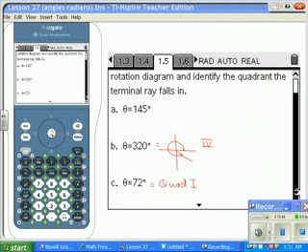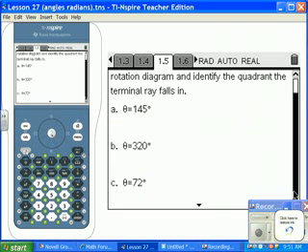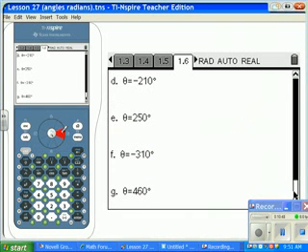And then D. Okay, D is negative. So what was the hint with the negative? What did I have to do? Clockwise. So I'm going to go negative 90, negative 180, and negative 210 would be somewhere in the third quadrant.